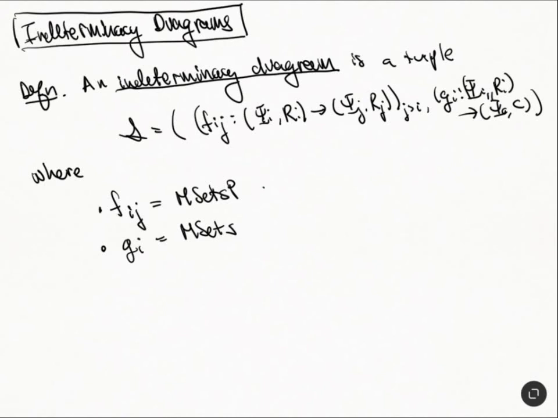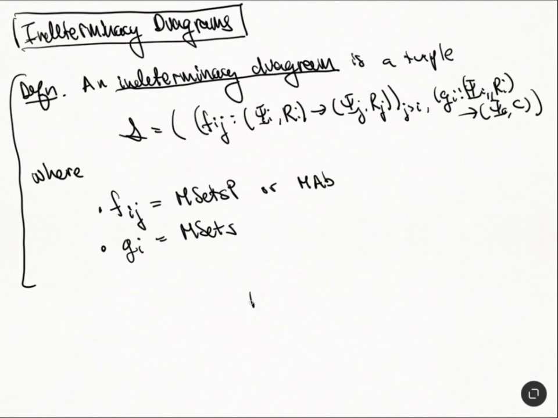And I guess this one could be partially defined maps of abelian groups with monoid actions. Okay, so this is what an indeterminacy diagram is, and here's the picture.